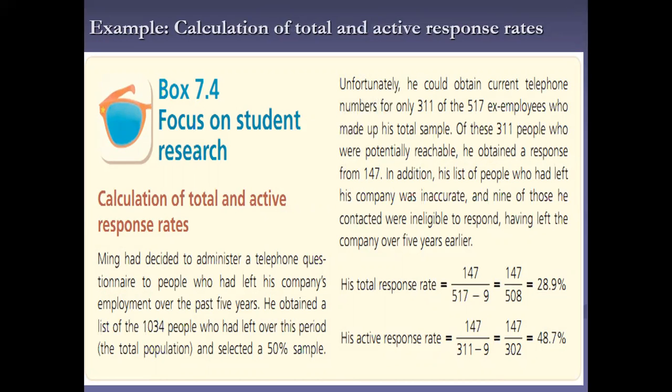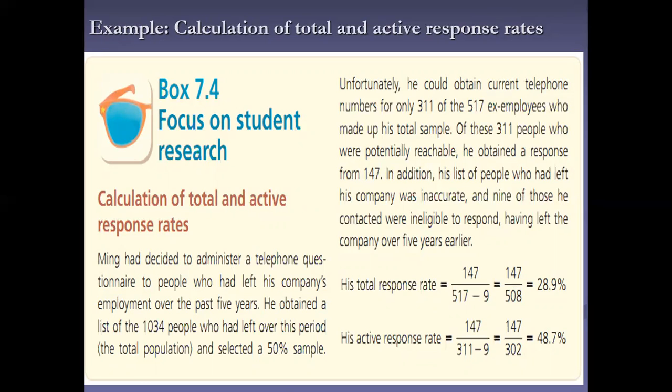For example, in this case, Ming had decided to administer a telephone questionnaire to people who had left the company's employment over the past 5 years. He obtained a list of 1034 people who had left over the period and selected a 50% sample.